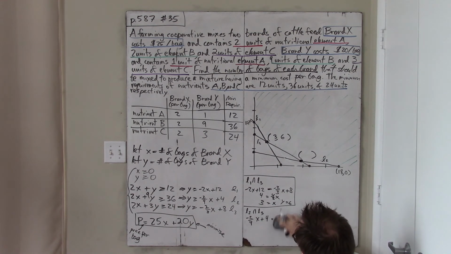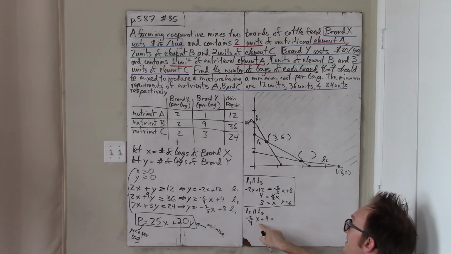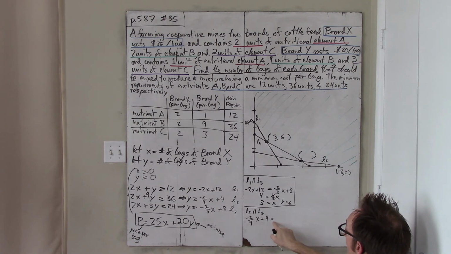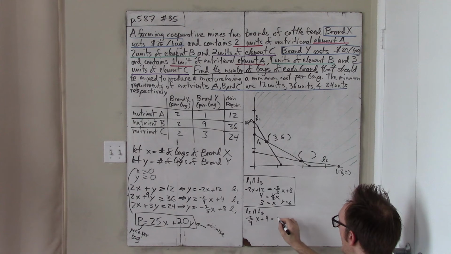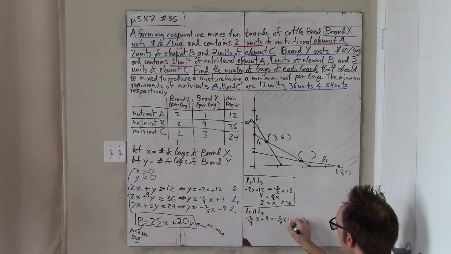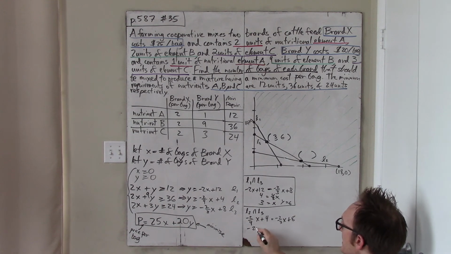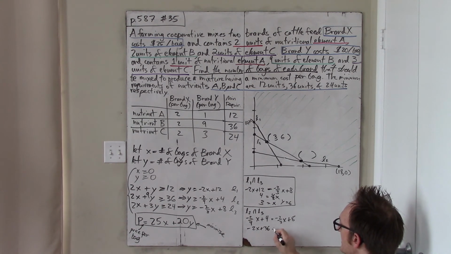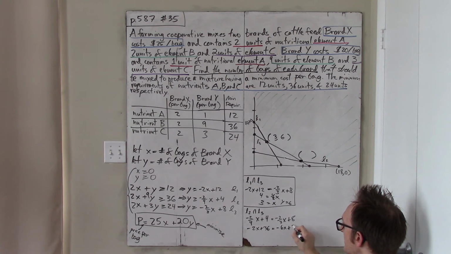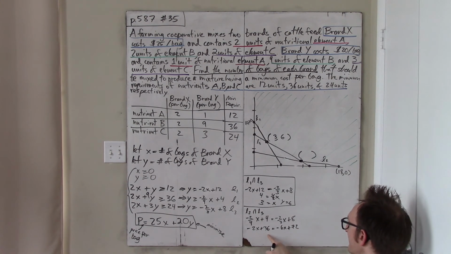equation. So this is negative 2/9 x plus 4 equals, now I want this to say negative 2/3 x plus 8. Okay, multiplying through by 9 gives me negative 2x plus 36 equals, when I multiply that by 9 I get negative 6x plus 72. This is a hard problem, I guess.